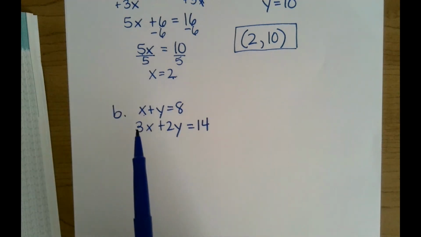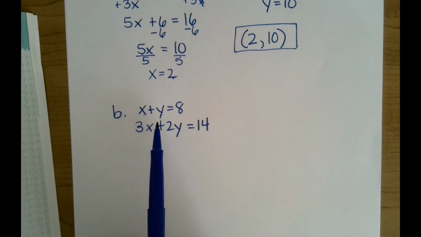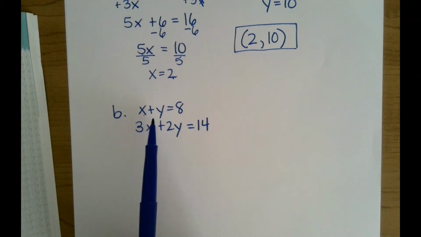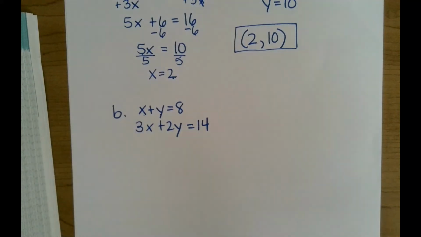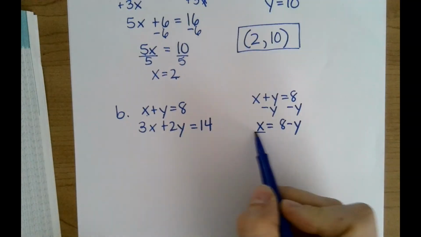Technically, they have like a 1x and plus 1y, but there's no number next to them, so they're in simplest form in a sense. So I want to solve for one of these. I could solve for y or x. So I'm going to solve for x. So if it's x plus y equals 8, x equals 8 minus y. Now x is isolated. So now I can plug this into our other equation for x.